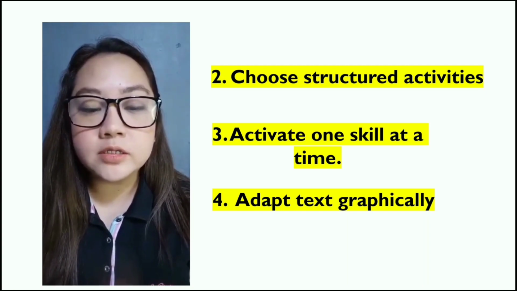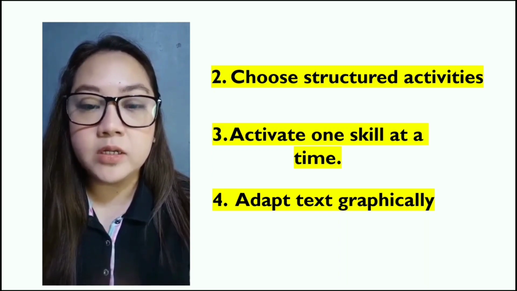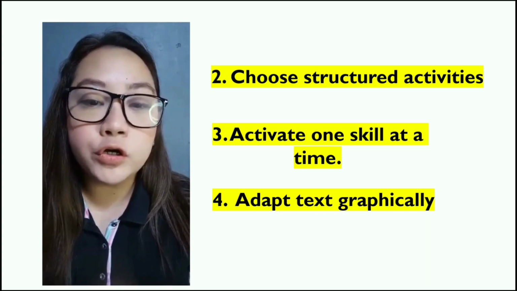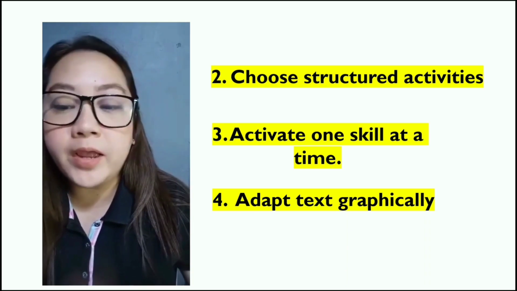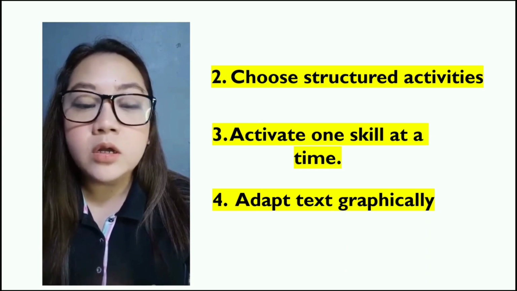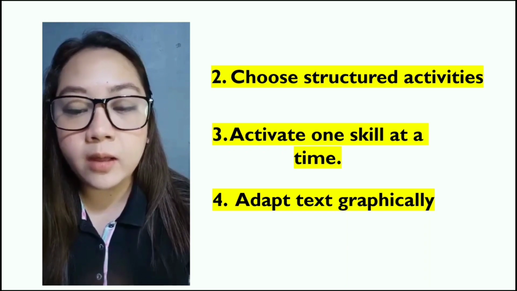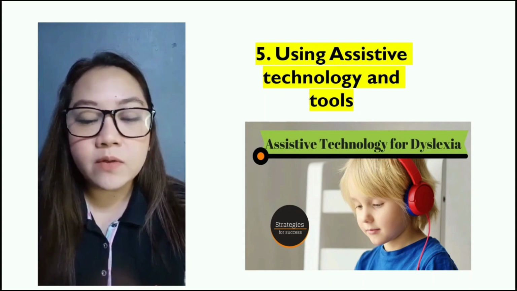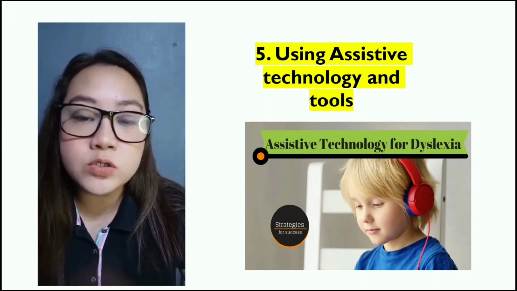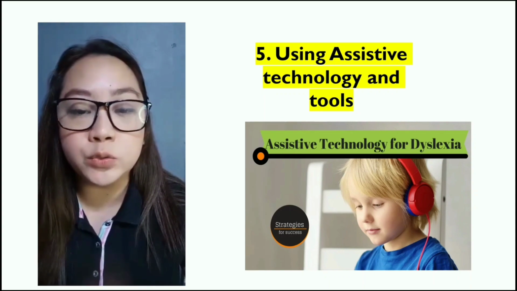The fourth is adapting text graphically. Making the fonts larger and clearer and putting a bright or light background on the reading materials will help, so it won't stress their eyes. The fifth strategy is using assistive technology and tools.